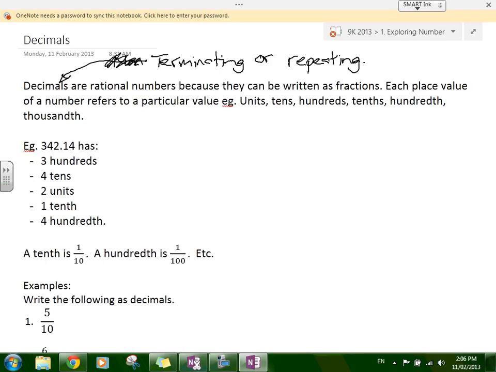And many decimals, as long as they come to an end, with a limited number of decimal places, or have a repeating pattern, you can write as a fraction as well. We're going to get into percentages later. There are lots of easy ways to convert between writing a decimal or writing a fraction.